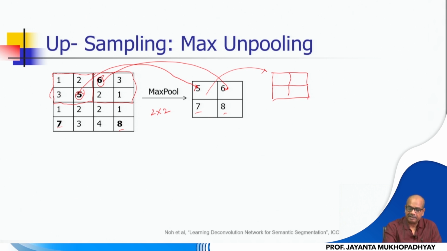By convention, if I assume this position would be the position, then the rest will be 0. So we can form a larger array for this unpooling, where every pixel value is stored in the leftmost and topmost position of the corresponding 2 cross 2 expansion of a pixel, and then you get the respective unpooled image.